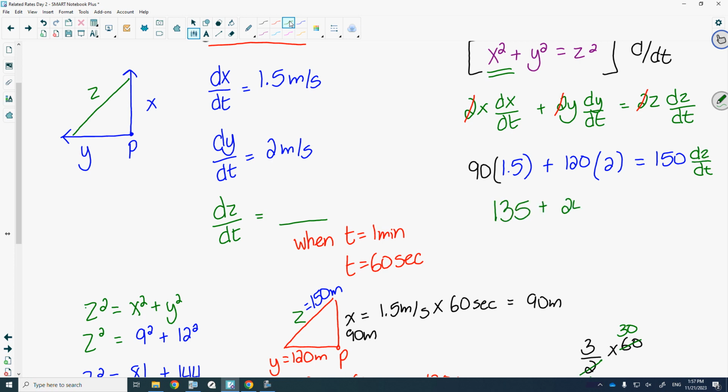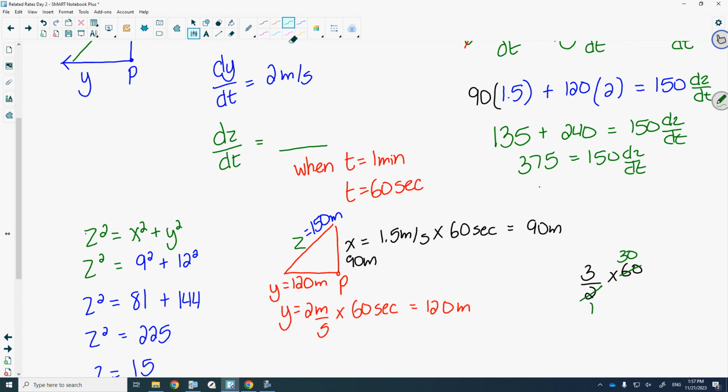Plus 240 equals 150 dz/dt. 135 and 240 is 375. Okay. dz/dt is 375 over 150.